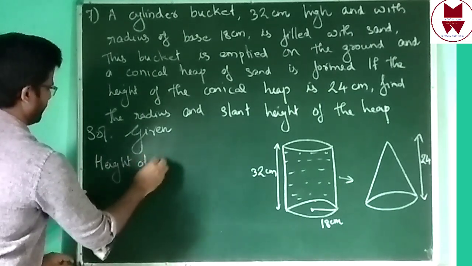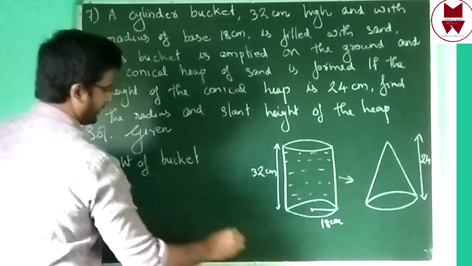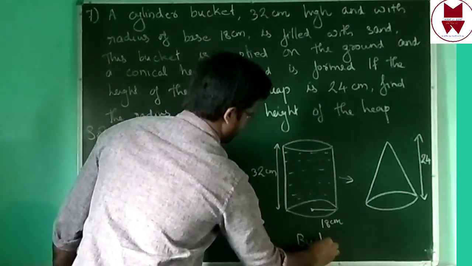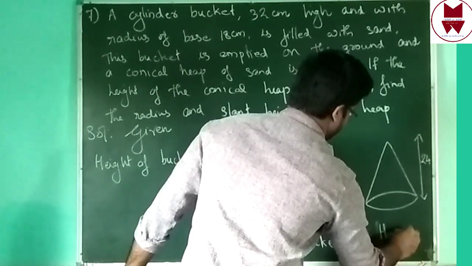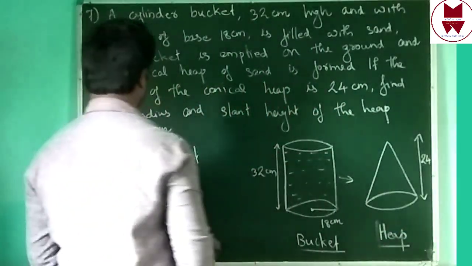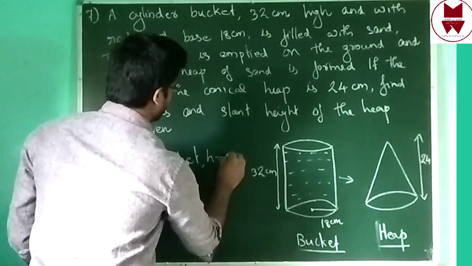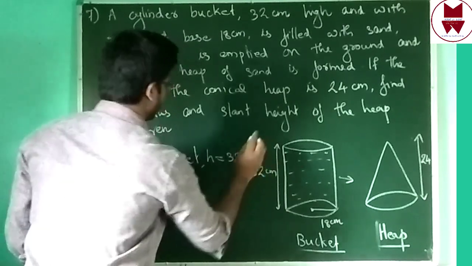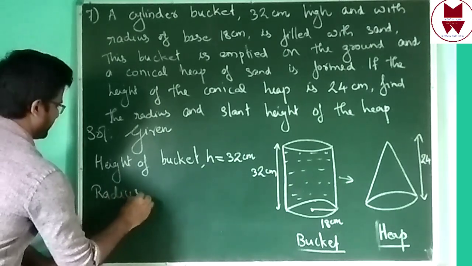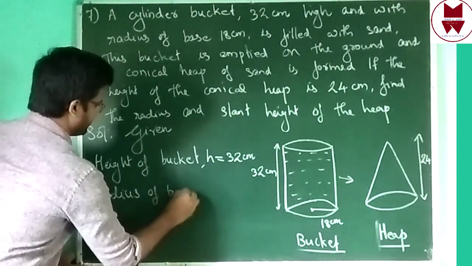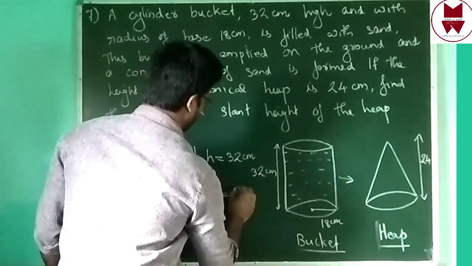Height of bucket, you can take small letter h, is 32 centimeter, already given in the question. Then radius of bucket, small letter r, is 18 centimeter.